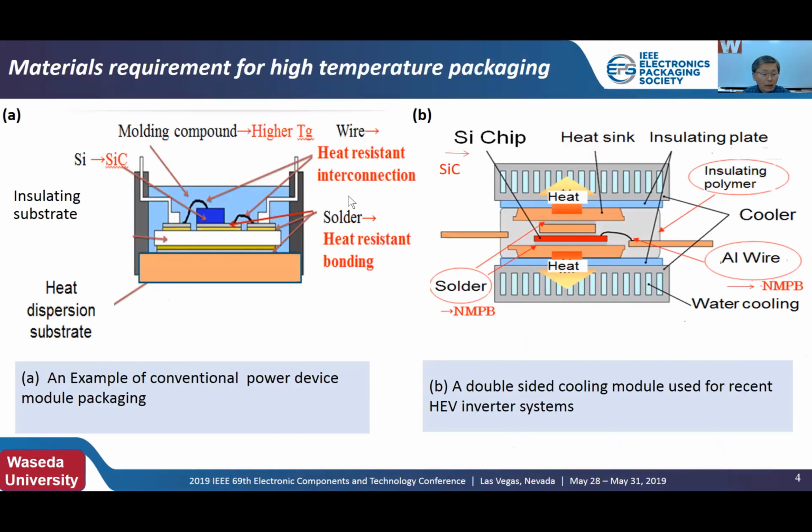This slide shows materials requirements for high temperature packaging. The left figure shows a conventional power device module packaging, and the right figure shows a double-sided cooling packaging used for recent hybrid EV inverter systems.